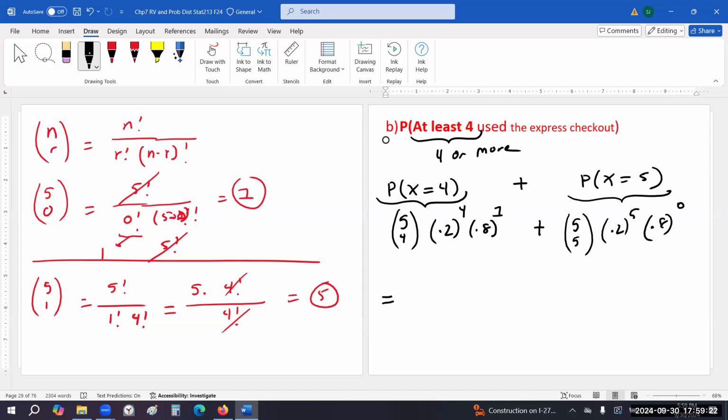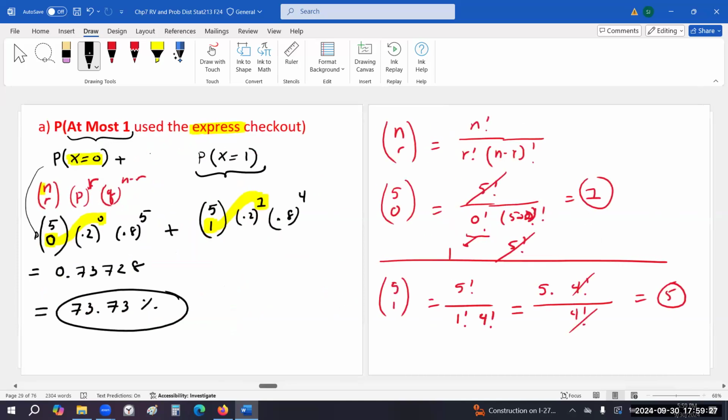Question. For the last problem, how do you get to the answer? Okay, so what you do is this. Once you get this number, it's 1, because anything to the power 0 is 1.